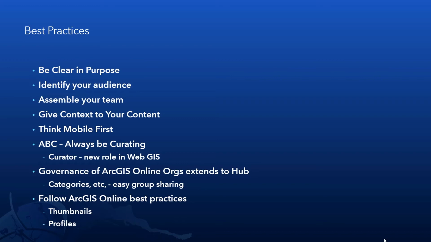Another key thing to think about here is that the governance of ArcGIS Online organizations really extends to Hub as well. That's simply a part of your ArcGIS Online environment. So little things like categories and tags and group sharing are all important considerations, and these ideas extend out to Hub as well.